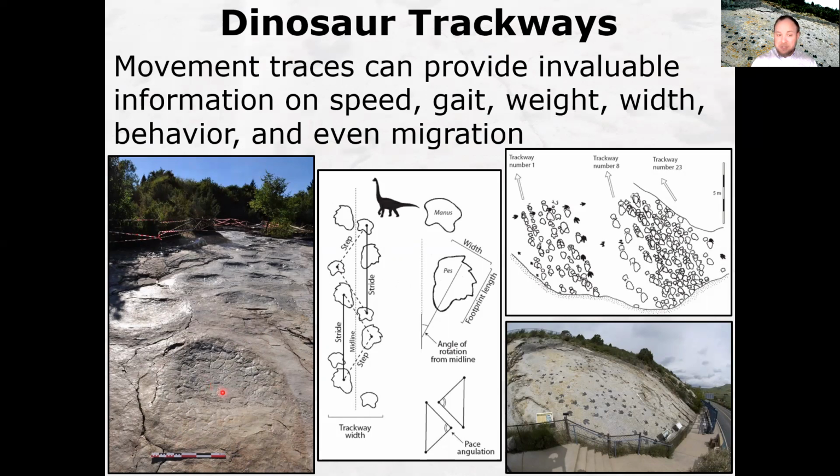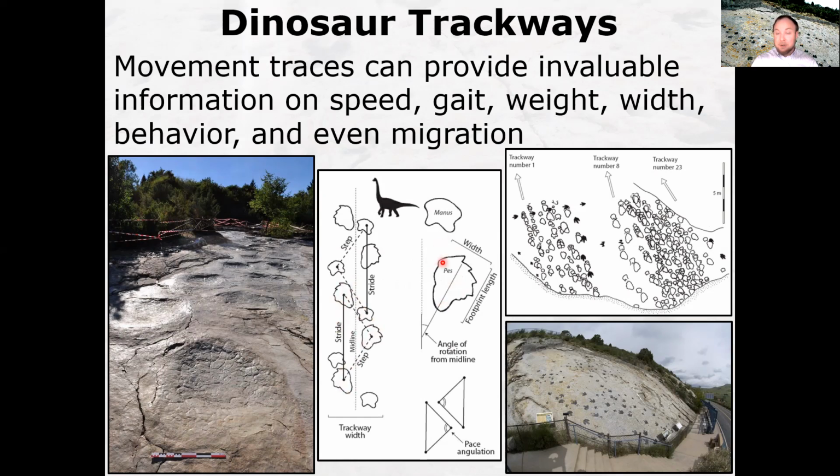We also see that there's an angle between each of these steps. There's a stride length, how much the leg moves forward on each step. In some cases, we can see that there are different impressions for the hands, the front limbs, and the feet, the back limbs, the pes and the manus.